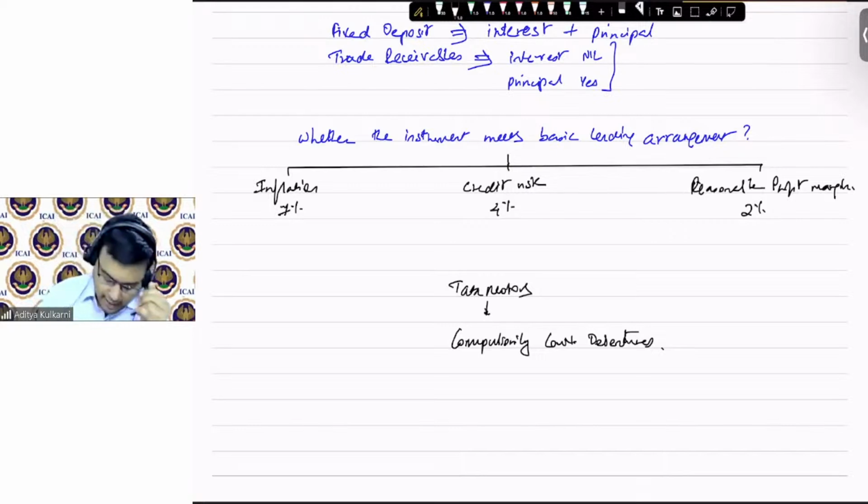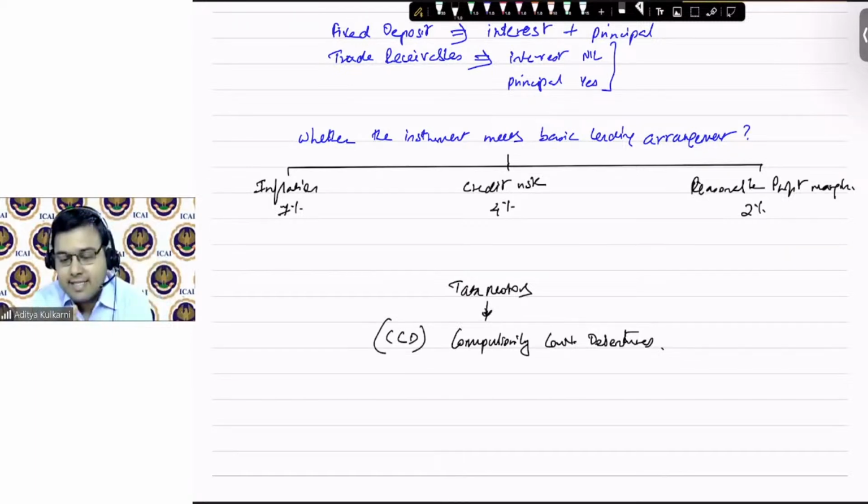Okay. And you want to invest in the compulsorily convertible debentures. Now you tell me whether the CCD, compulsorily convertible debentures, meet the requirement of a basic lending arrangement.